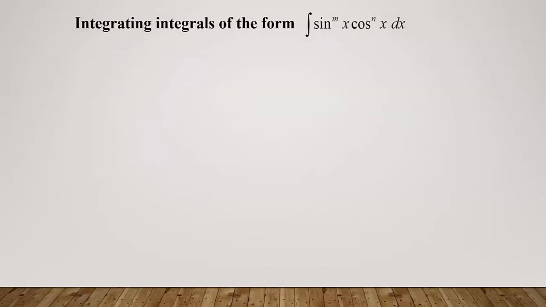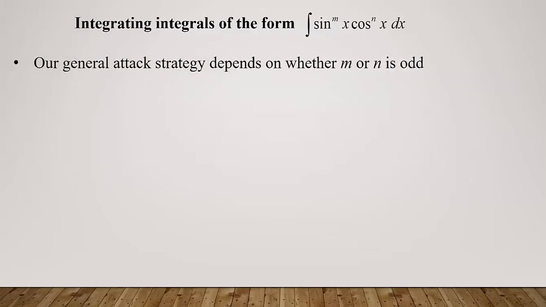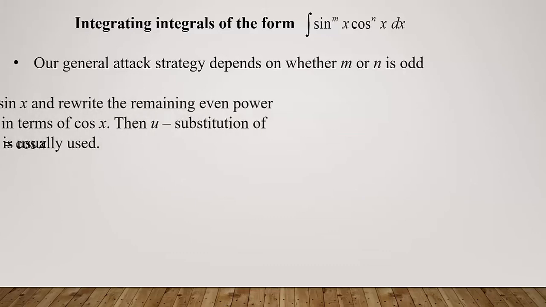So let me give you what I'll call guidelines for integrating integrals of the form integral sine to the mx cosine to the nx dx. The strategy depends on whether or not m or n is an odd number.